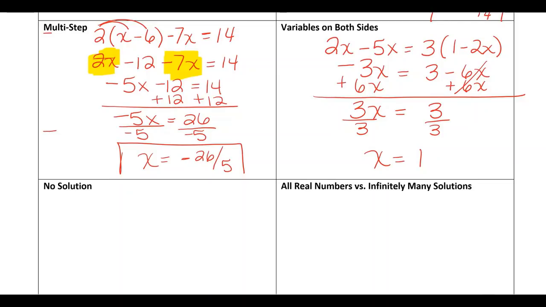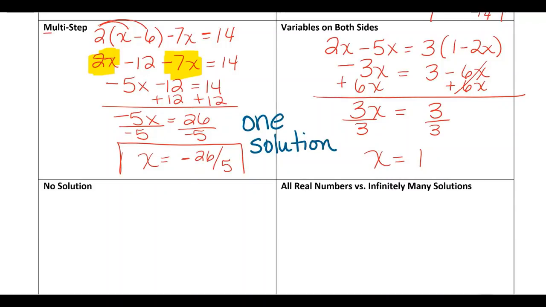Now, of course, in all of these examples, you can go back and check your answers to make sure your solution works out. Now, so far, what makes those 4 equations special? They've all had one solution. So one solution. Only one real number will work.